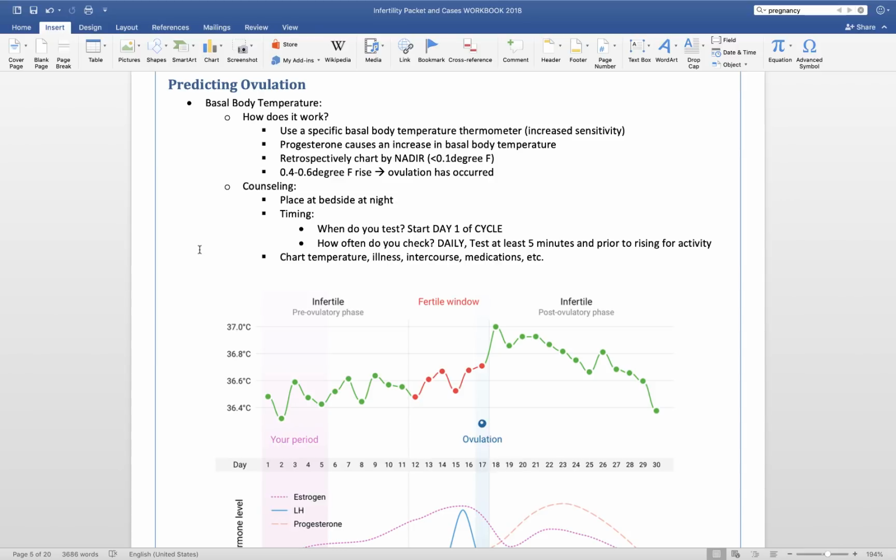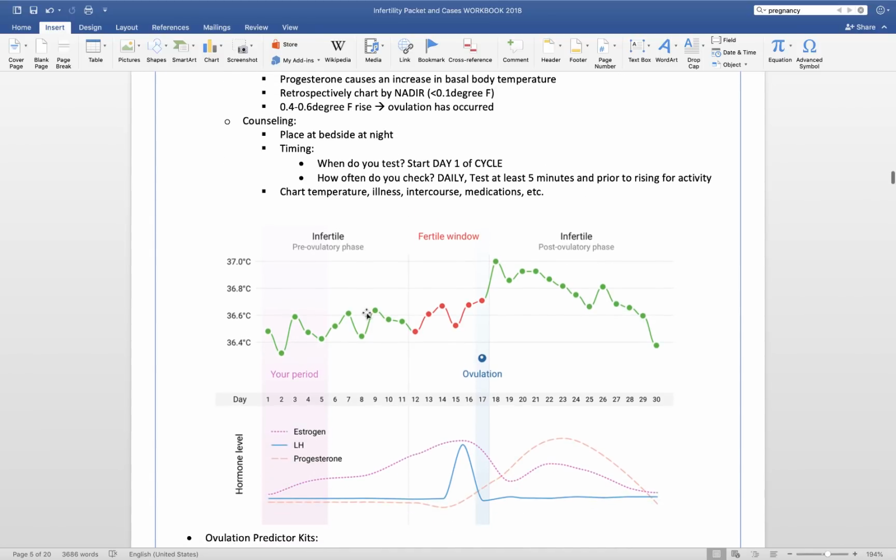And you can test for that increase and then look back to find it. The increase is usually about 0.5 degrees Fahrenheit, and if you see the increase in temperature, as you can see in the chart, then you know that ovulation has occurred and you're in the second half of the cycle.